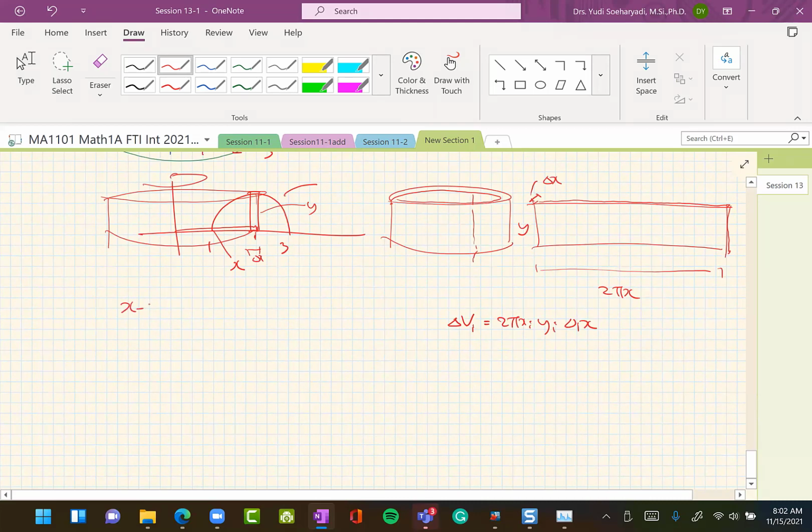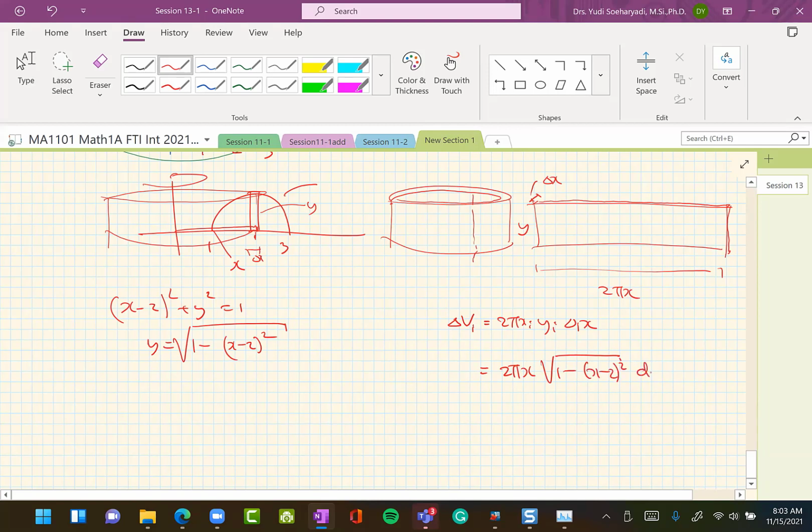So y is this one minus the square root. Okay, so this is 2 pi x times the square root of the expression.